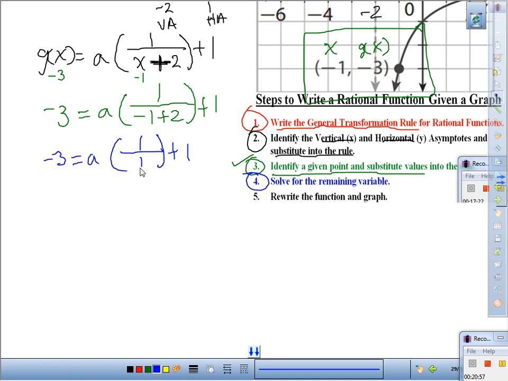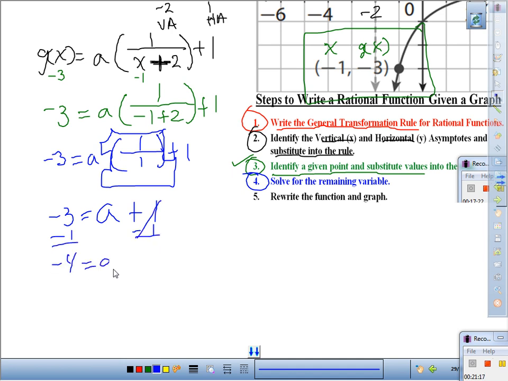What is 1 over 1? Let me show you here with a big 1. What is 1 times a? A, bring down the plus 1 at the end over here, equals negative 3. Let's solve. Minus 1, minus 1. Negative 4 equals a.